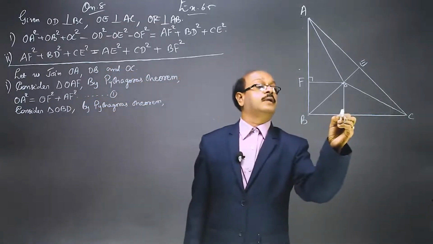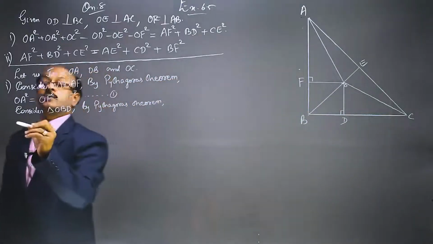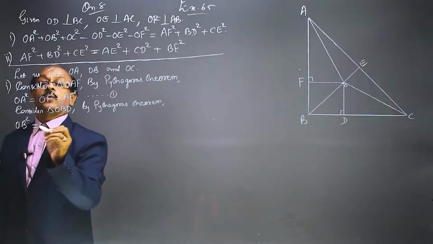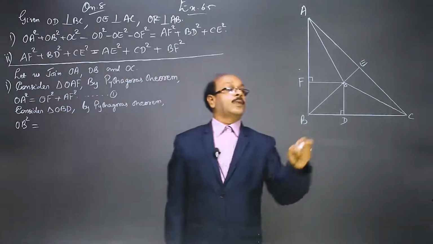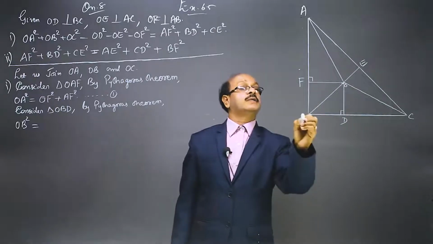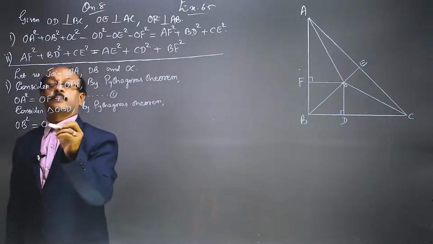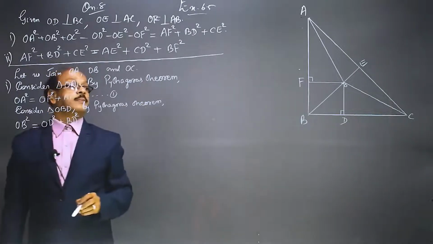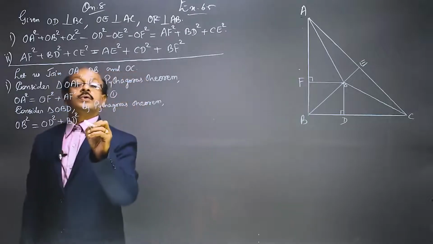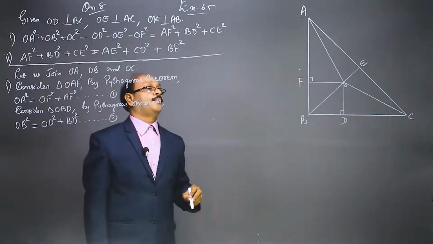This angle is 90 degree. Therefore, OB square is equal to OD square plus BD square. We are naming it as equation number 2.